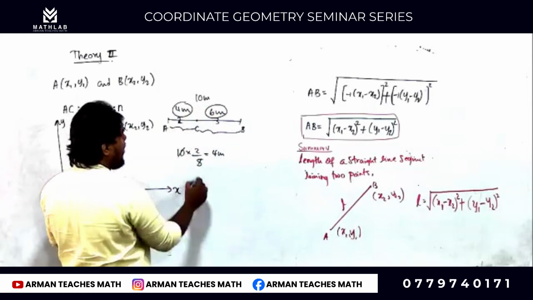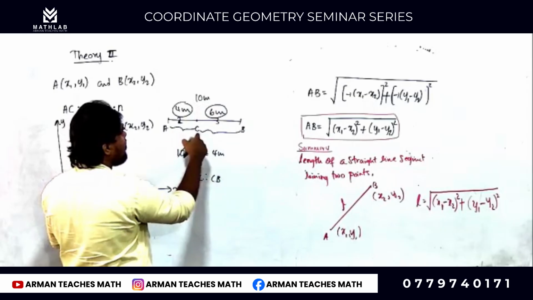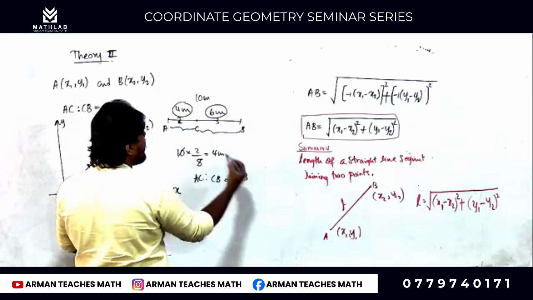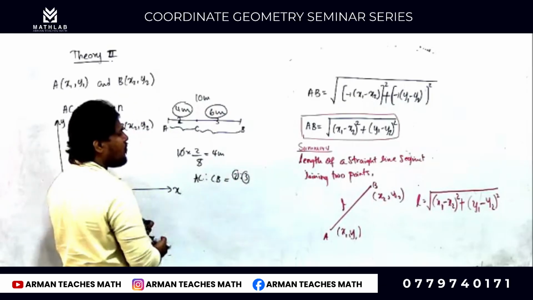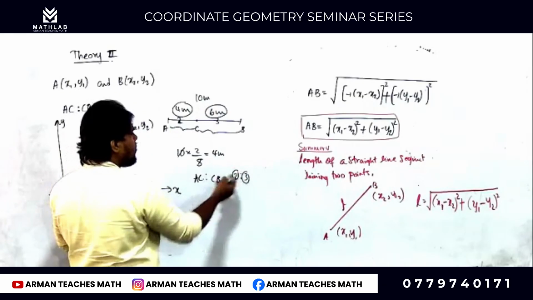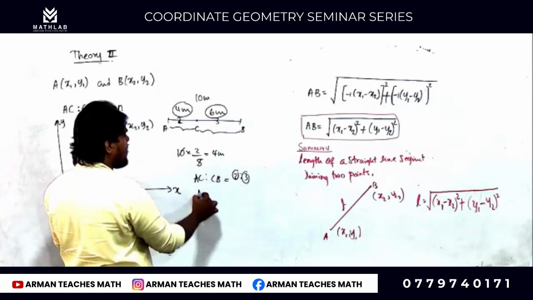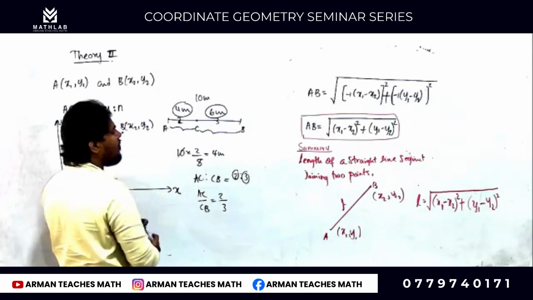Then what is this ratio, AC is to CB, or AC divided by CB? The ratio is 2:3. That doesn't mean these are length values. These are ratio values, the simplest form of the ratio. The fractional value AC divided by CB equals 2/3.